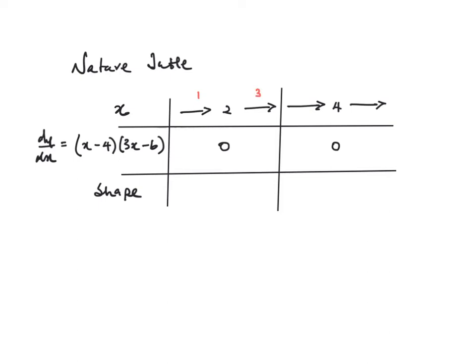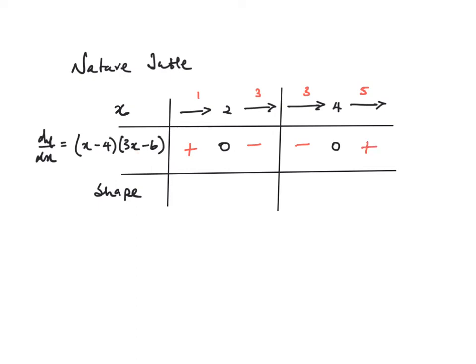So I'm going to substitute x equals 1 into these brackets here. So that gives me a minus 3 times another minus 3, which is positive. If we take the value 3 then, so that's positive times 3 take away 4 is minus 1, negative. Negative times positive is negative. Let me just take 3 and 5. 5 gives positive and positive.